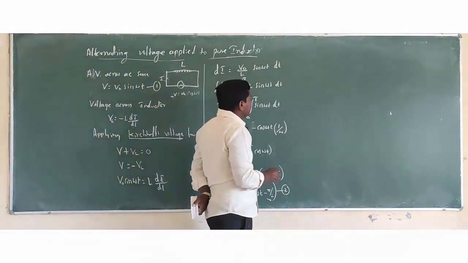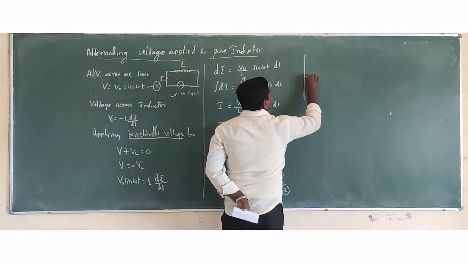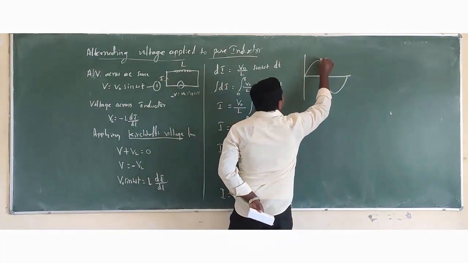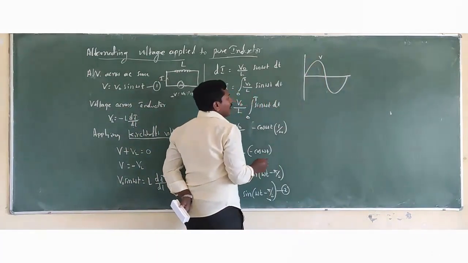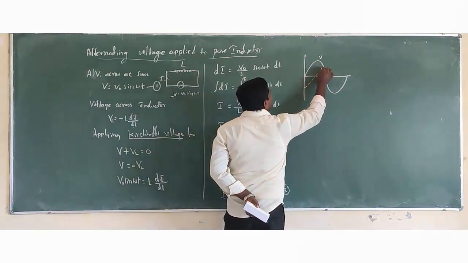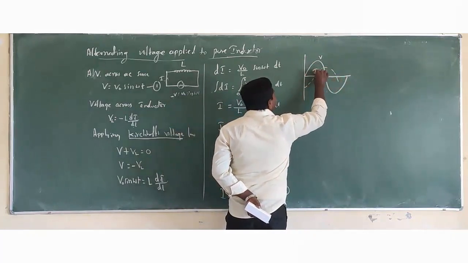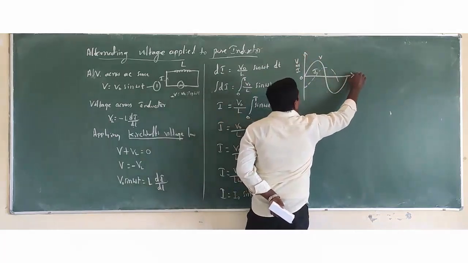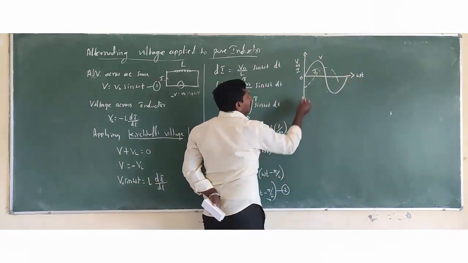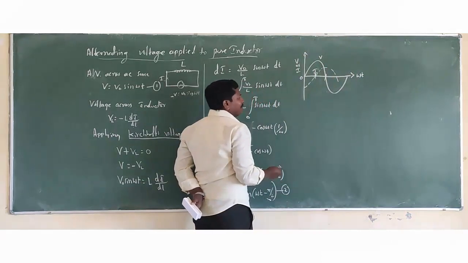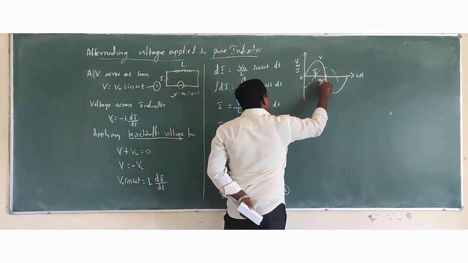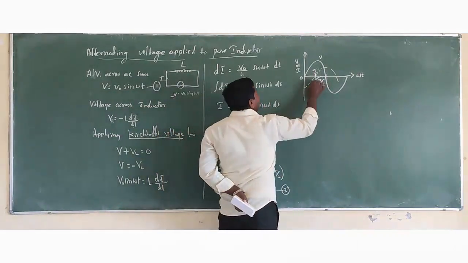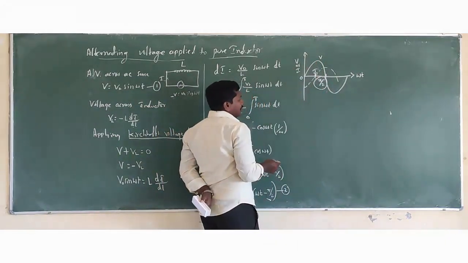If we observe the graph for an inductor with alternating voltage applied, this represents the voltage wave and here it is the current wave. There is a phase difference of pi by 2 between the voltage wave and the current wave.